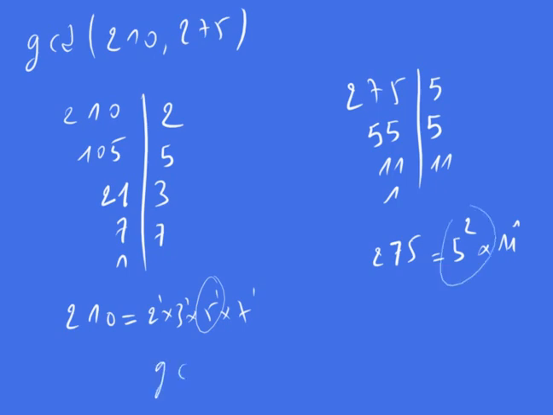So the GCD of 210 and 275 equals 5. But in which power, 1 or 2? Where is the lowest? The lowest is 1. So it equals 5 in the first power.